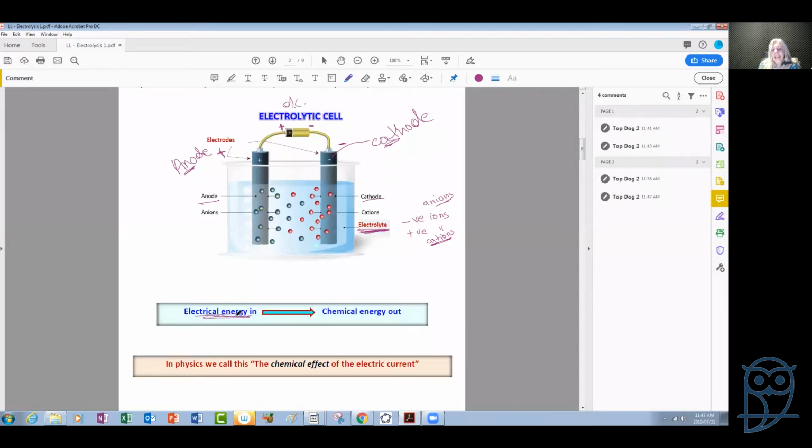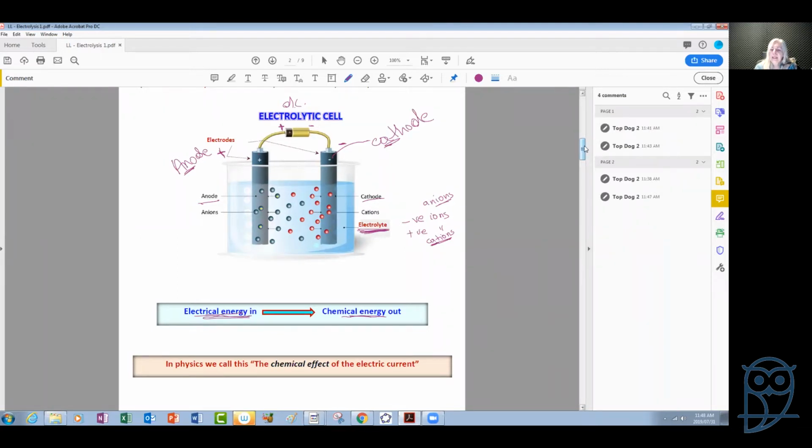So we put electrical energy in, and we get chemical energy out, because the result is a chemical reaction. It's just a transformation of energy in this type of setup. In physics, we call this the chemical effect of the electric current. When you place two electrodes in an electrolyte, it splits the ions and cations.